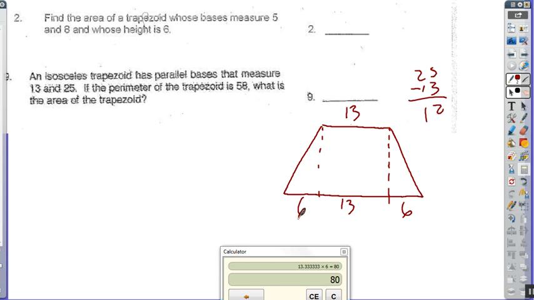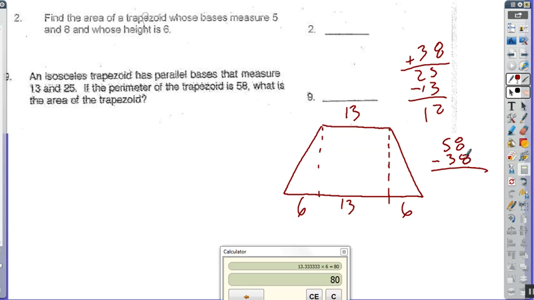All right, so then we have a perimeter of 58. So therefore, we have 58 minus my two bases, 25 and 13, that's 38.